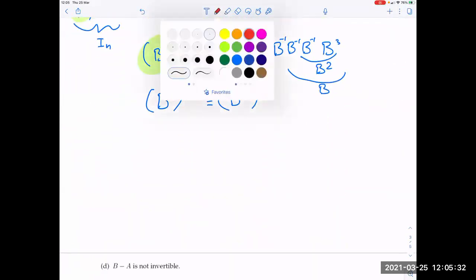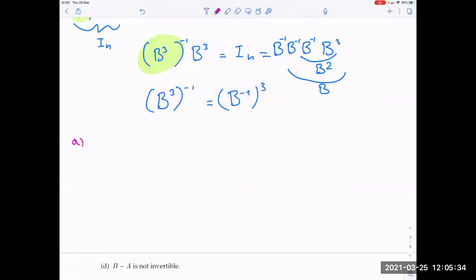So about A, to show this is false, find A and B, determinant of A equal plus minus 1, determinant of B equal plus minus 1.